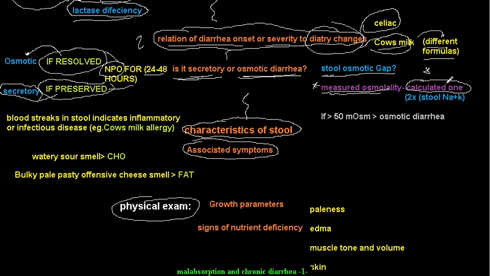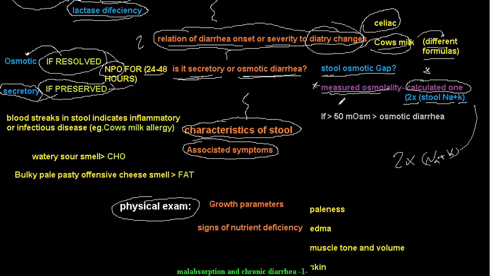The calculated osmolarity is by the equation 2 multiplied by stool sodium plus stool potassium. So this is the calculated osmolality.